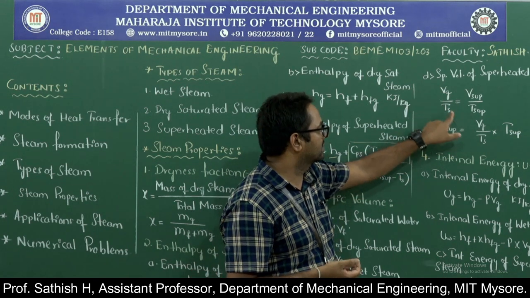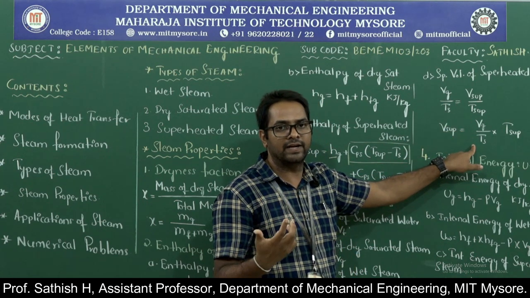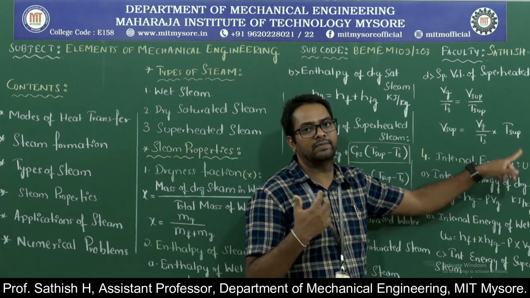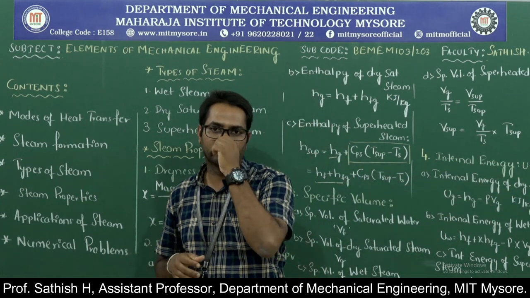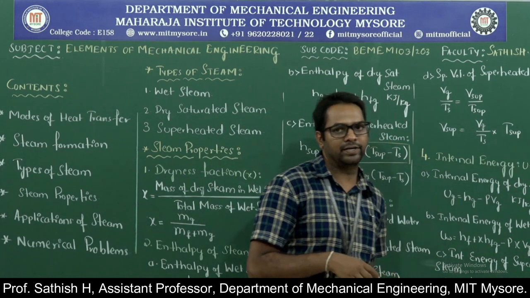Sending the other term across, it becomes Vg divided by Ts, where Vg is the volume of the dry steam and Ts is the saturation temperature, multiplied by the superheated temperature, given in units of meter cube per kg.